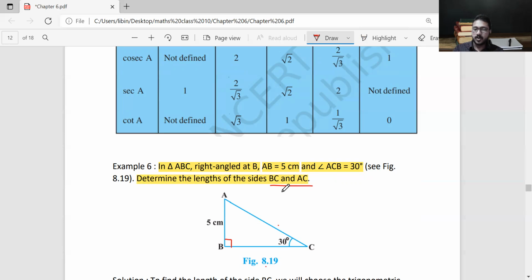So look at our first trigonometric ratio, sin 30, or just sin A. What is sin A? Sin A is opposite side by hypotenuse. Specifically here, if we are taking sin 30, it is AB divided by AC. The value of AB is known. We want to find the value of AC.